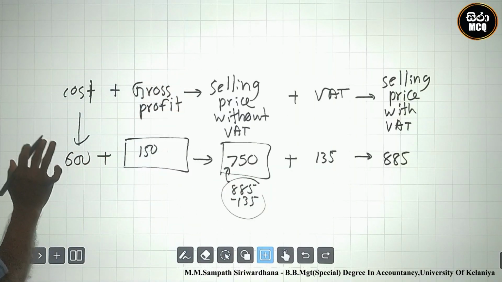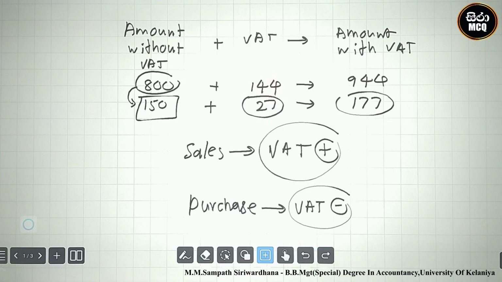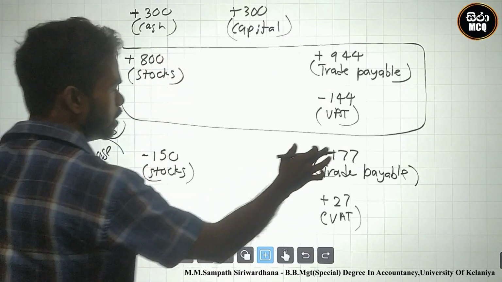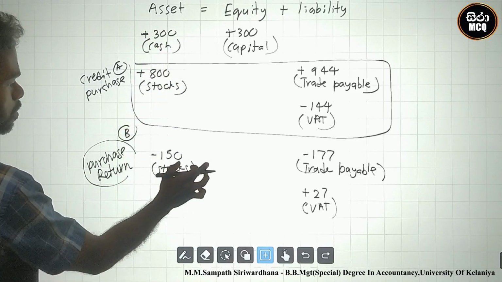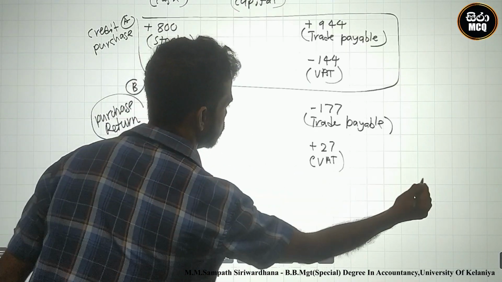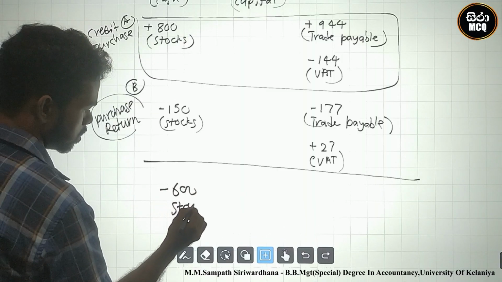Okay, this is the schedule. I can create the impact on the equation. The 600 cost must be deducted from assets, in the asset column. 600 must be deducted from stocks.